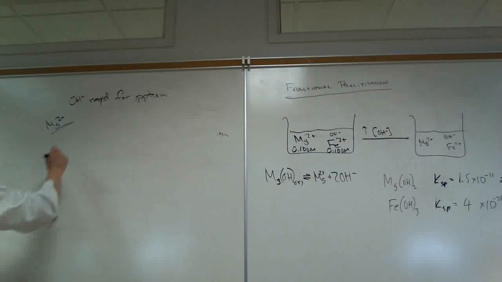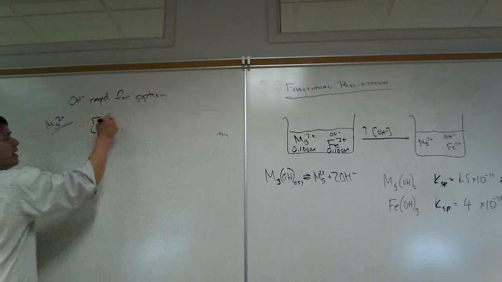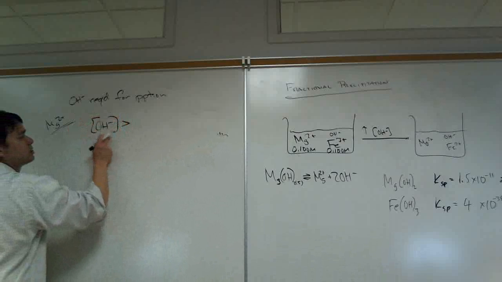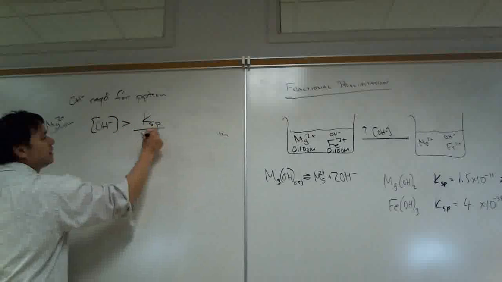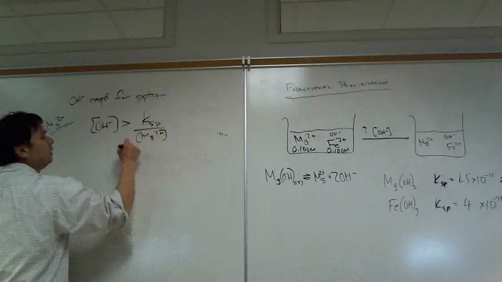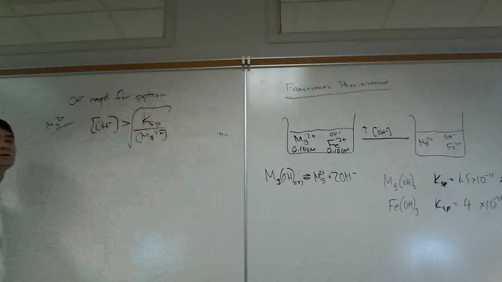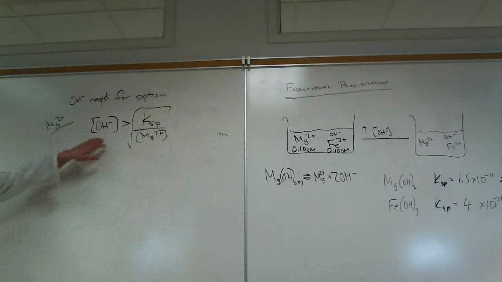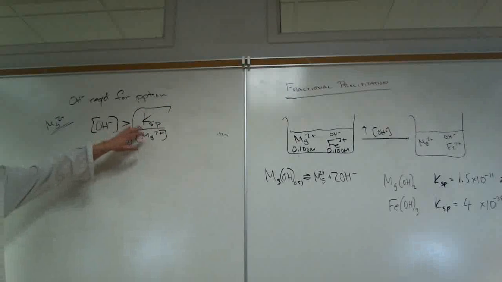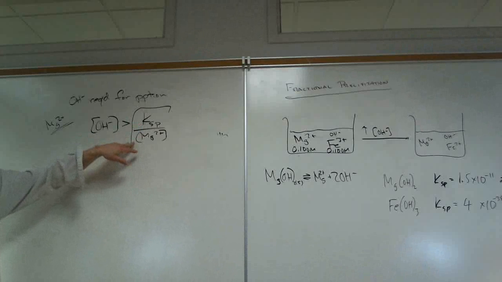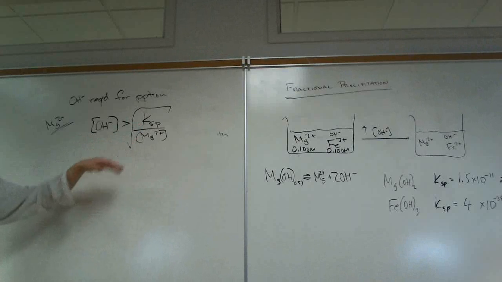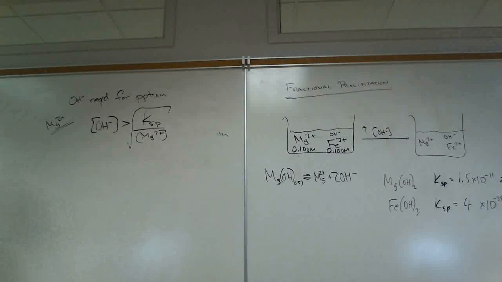And so anything more than saturated is going to look like this. The hydroxide concentration should be greater than the KSP divided by the magnesium ion concentration, and we'll take the square root of that. If the hydroxide concentration equals this, then it's saturated. It's got to exceed it in order to precipitate. That's required for precipitation.